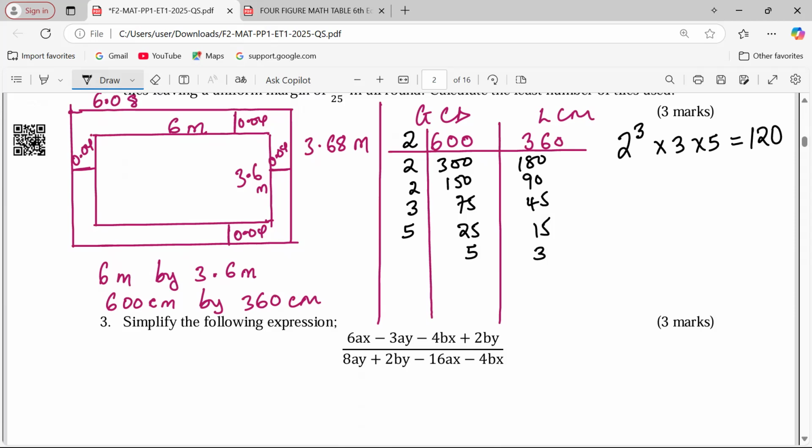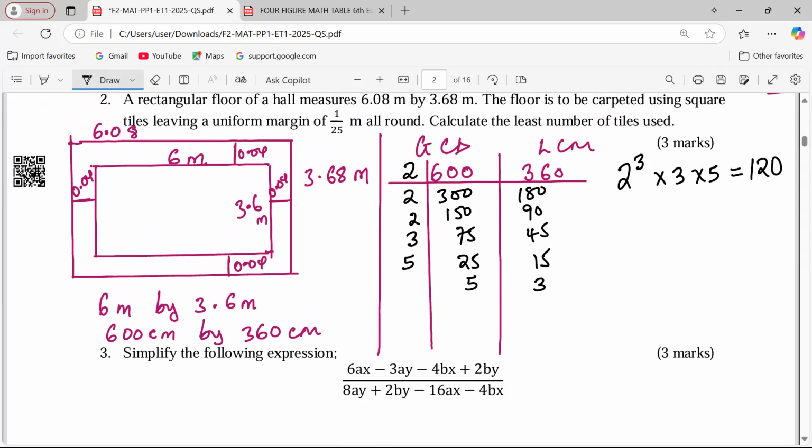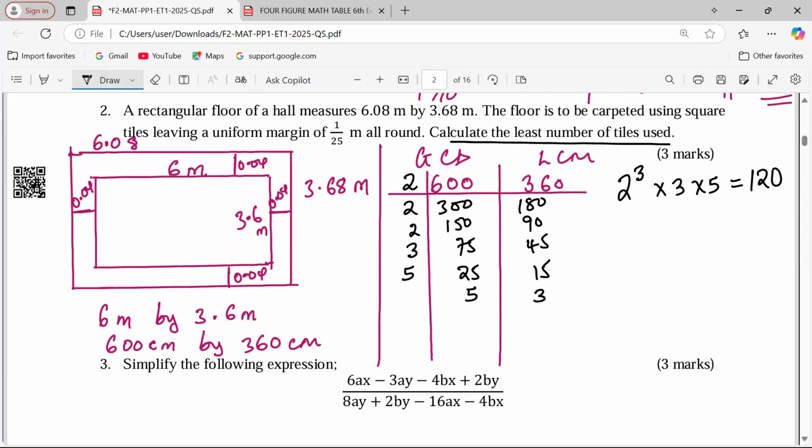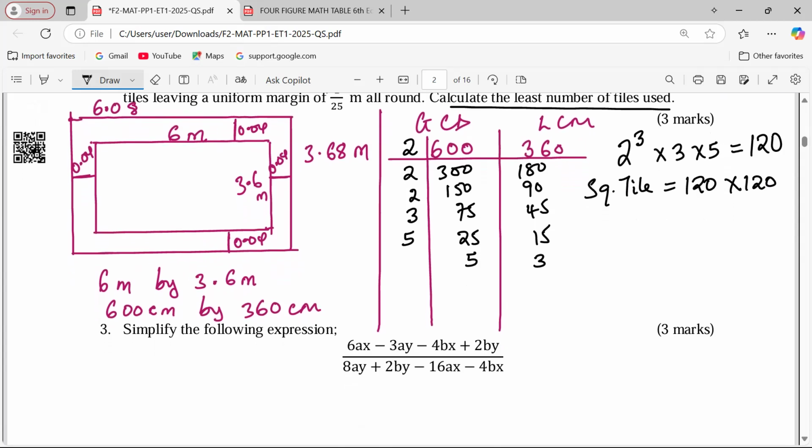Therefore, the square tiles that we are going to use, remember we are calculating the number of square tiles. If we have the dimension of the square tile now, we should know that the square tile measures 120 by 120. What about the room? 600 by 360.